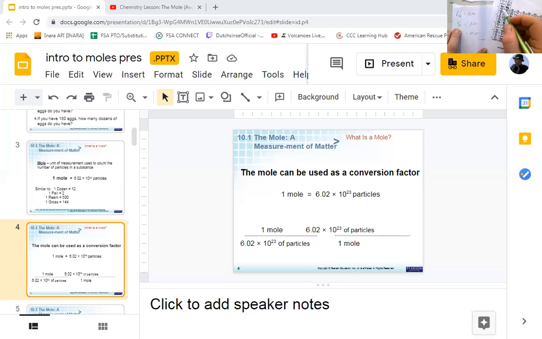Na is 2 times 23. Sulfur, 32.1. I only have 1. Oxygen is 16. Multiply, let's add it all up. Let's do the totals.